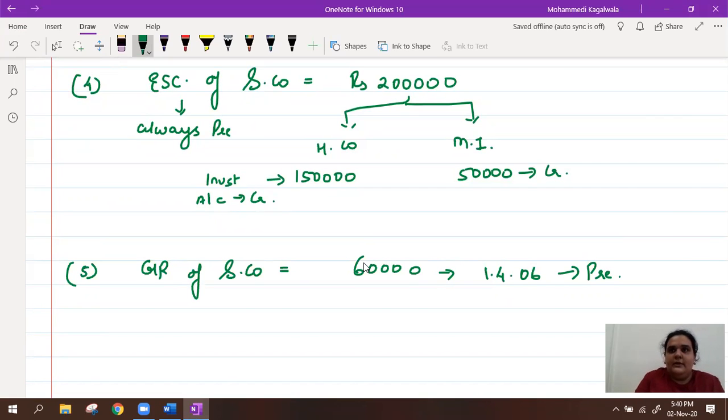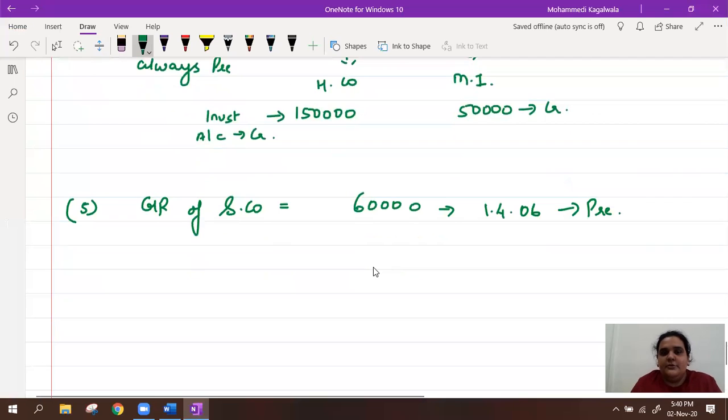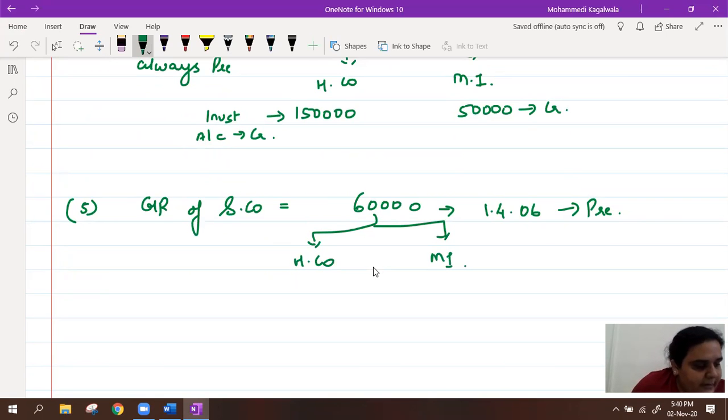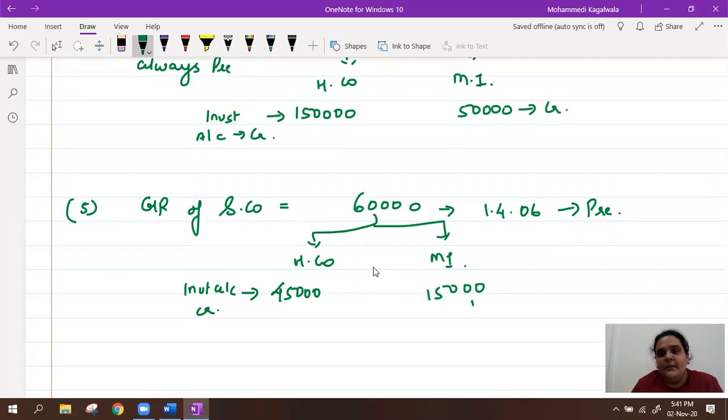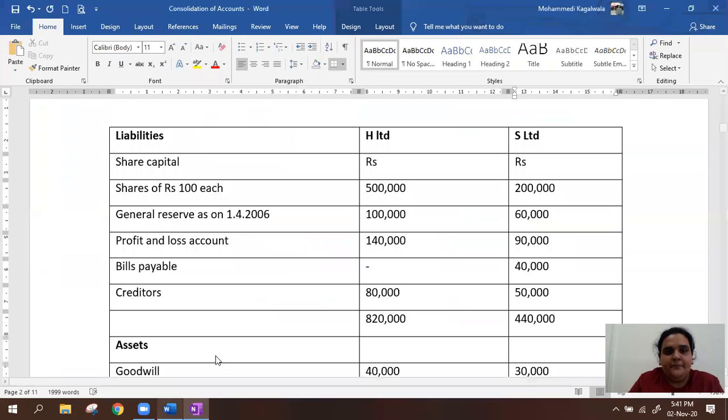So this general reserve is from before, right? Since it is pre, I'll divide this between holding company and minority interest. 75% and 25%, so this will come as rupees 45,000 and this will be 15,000. Since it is pre, investment account credit side, and this will be in the credit side of the minority interest account. So the second item is also done.